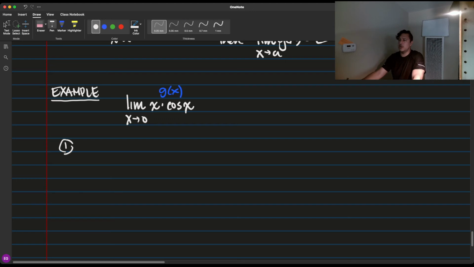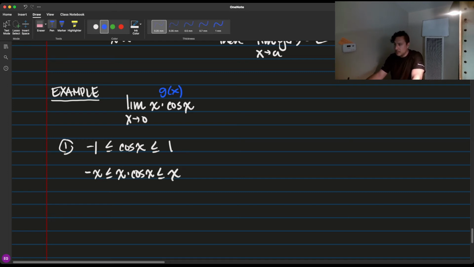Usually what you do is you start off with the fact that cosine or sine, usually there's going to be a trig part, is between -1 and +1. Now notice cosine x isn't what we want, x times cosine x. But the whole point is that because cosine is between -1 and +1, it starts the inequality. Now what we can do is multiply by x, and we get minus x is less than or equal to x times cosine x, which is less than or equal to x.